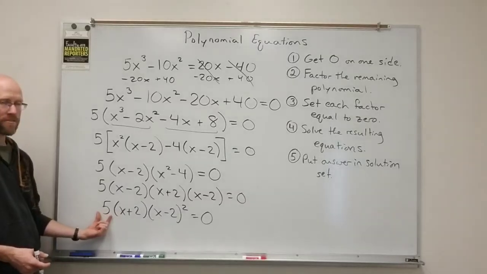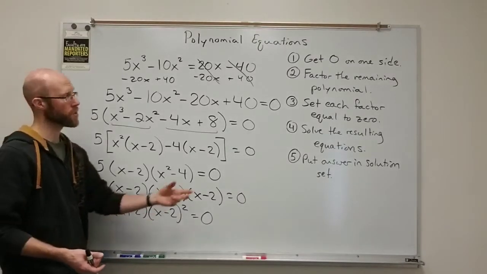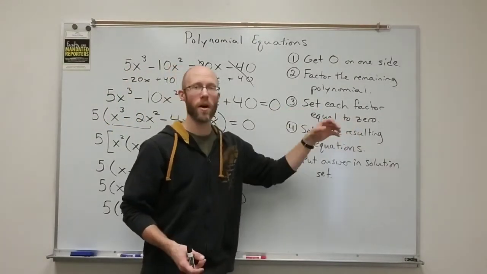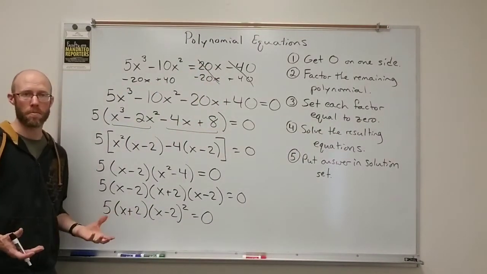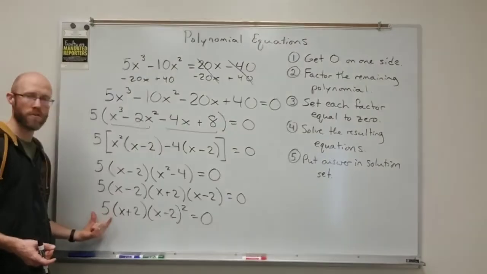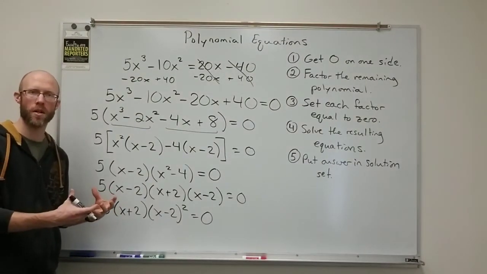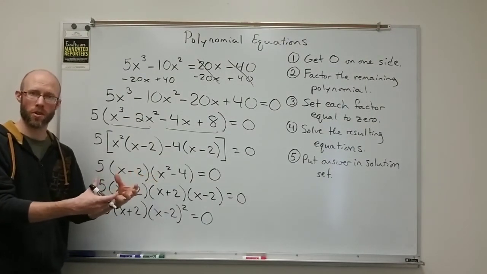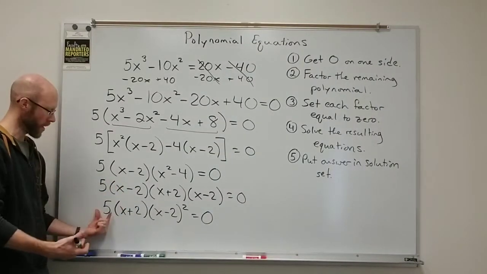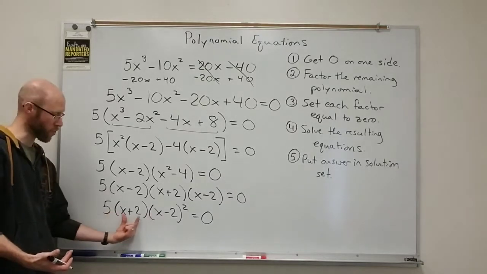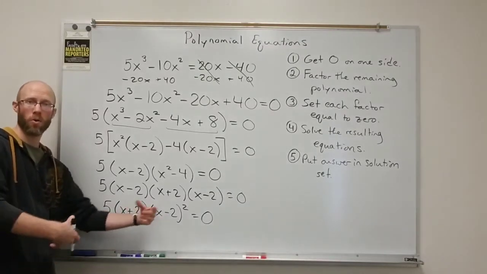Now notice the 5 is an extra factor, and I said we do need to set each factor equal to 0. The problem is if I have a constant out here, this constant can't be 0, right? Now if it's 5x, if there's an x attached to it, I could set that equal to 0 because there's a variable involved. But here, the number 5 itself cannot equal 0, and so we don't have to worry about that. As long as one of the other two factors is 0, the whole thing will zero out.